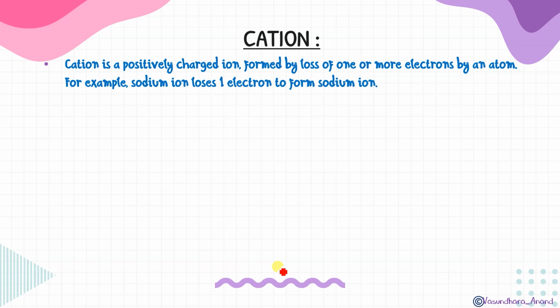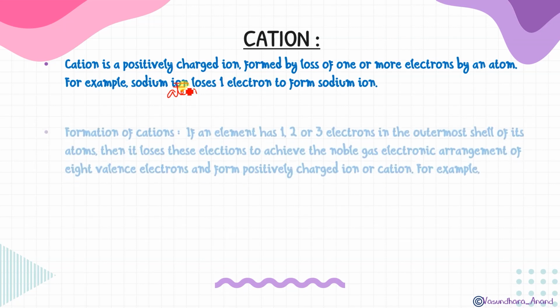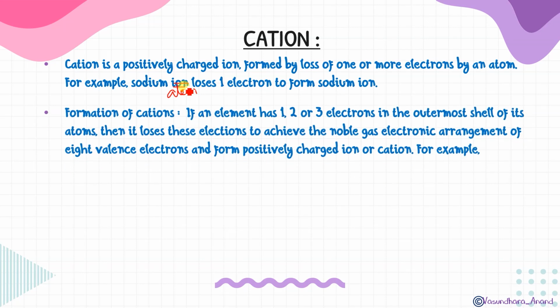For example, a sodium atom loses 1 electron to form a sodium ion. Right now we have done sodium; it should be atom, not ion. Formation of cation: if an element has 1, 2 or 3 electrons in the outermost shell.